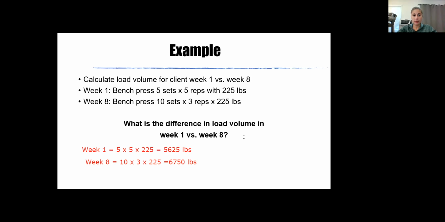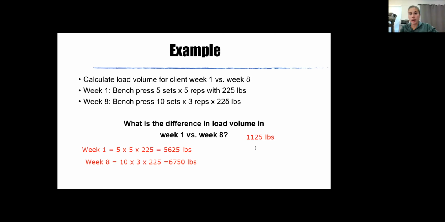Anyone do the math? 6,750. Yeah, thank you, Evan. Minus 5,625. And you might get questions like this on an exam as well. So we're comparing now. In week 8, they did basically 1,000 pounds more volume.